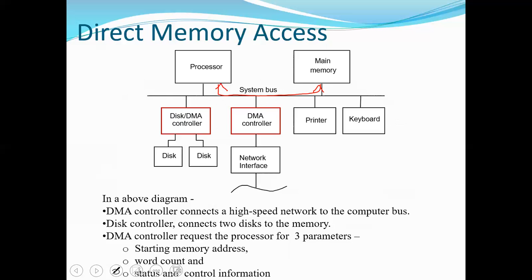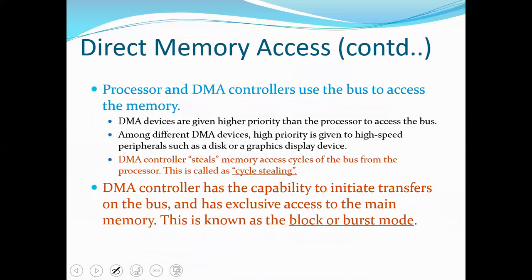So the memory access cycle, which was supposed to happen by the processor, is now done by the DMA controller. The bus is now used by the DMA controller, and we can say the DMA controller is stealing the bus cycles of the processor. The memory cycles are being stolen by the DMA controller for DMA operations, and this process is called cycle stealing.